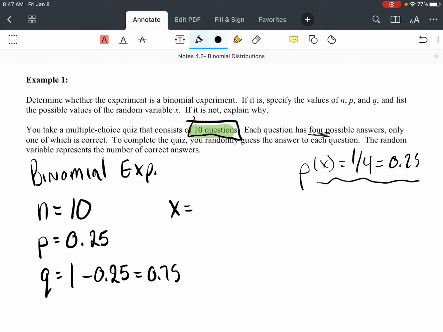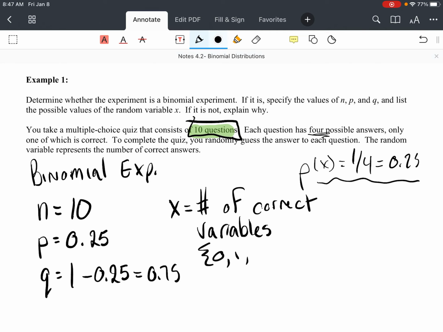Okay, and then your X variable, so it says the random variable represents the number of correct answers. So X represents the number of correct answers, right? And if I were to actually list what those are, so it's asking us to write the possible list of them.